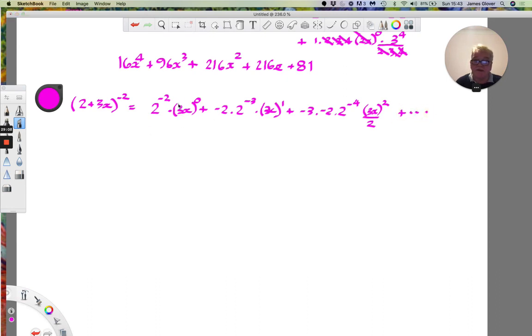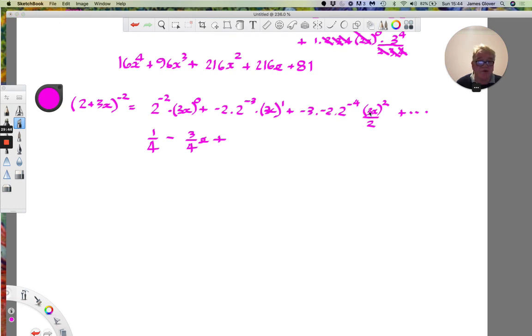And then all we need to do here is simplify. Here we've got a 1, and this is 1 over 4. Simplify this. First of all, deal with the signs, so that's a minus. And then we've got 2 over 2 cubed, which is 1 over 4, times 3, so it's 3/4 x. Deal with the signs here, we get plus.